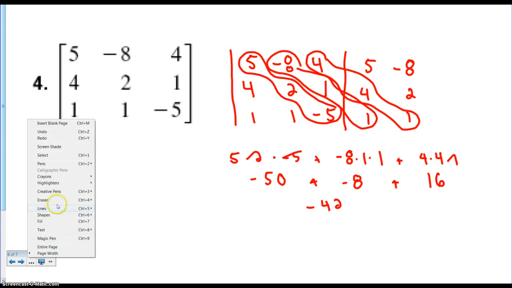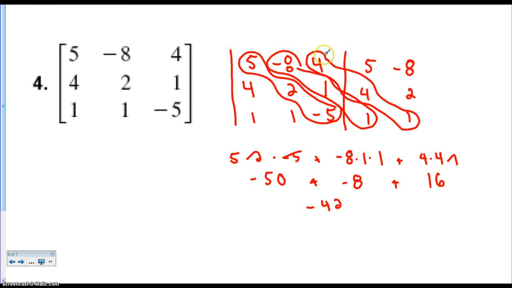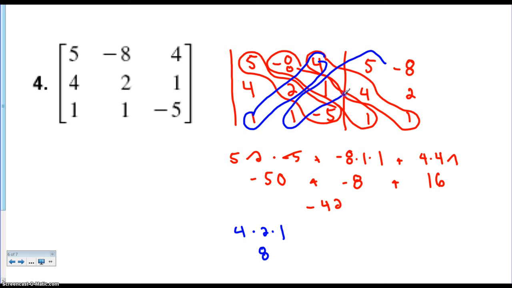So what I want to do is now do the other diagonal. So I'm going to take 4 times 2 times 1, which is 8. I'm going to take 5 times 1 times 1, which is 5.